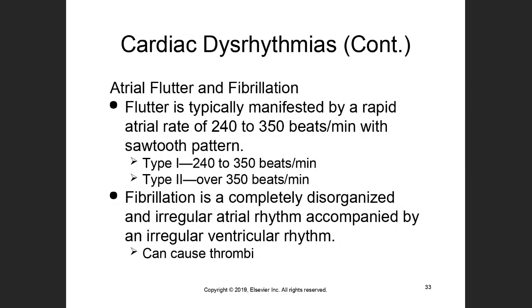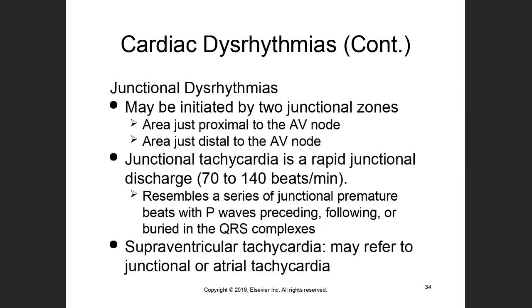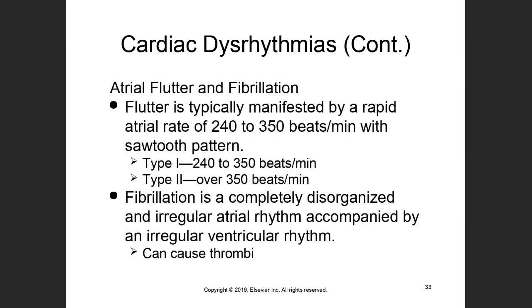Listen, I'm going to explain this so you have a better idea. Cardiac arrhythmias are divided into two main groups: if the heart is really fast or if the heart is slow.